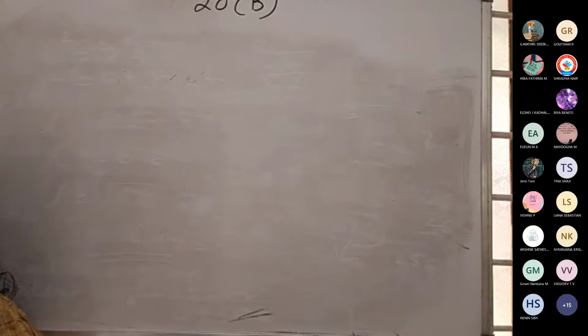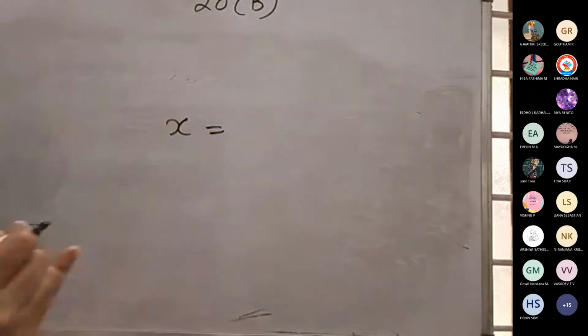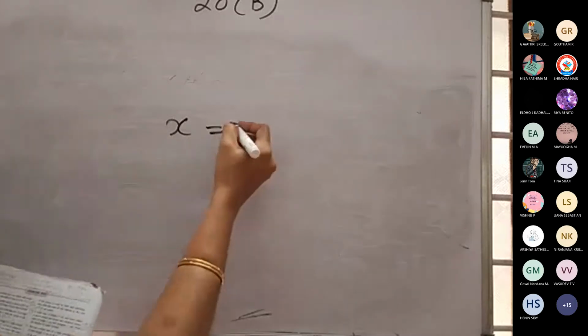So radius of cone Y will be what? X having 3 times the radius of Y. Radius of X is given as what?